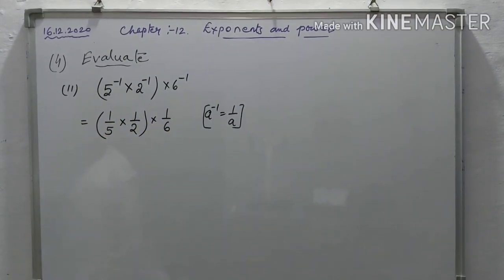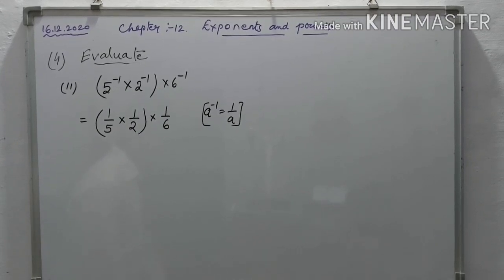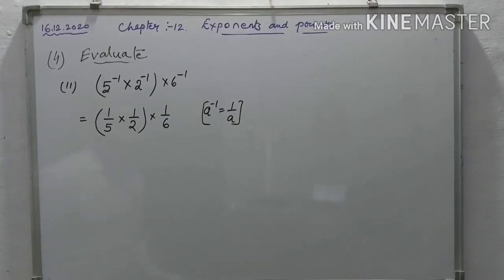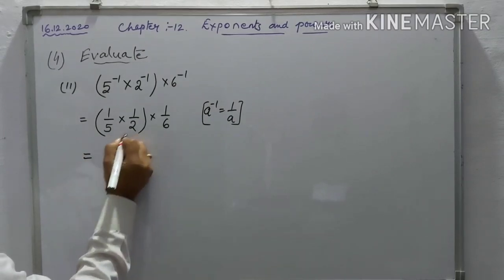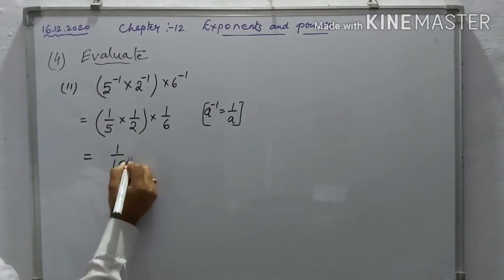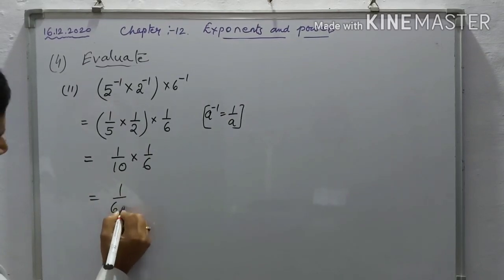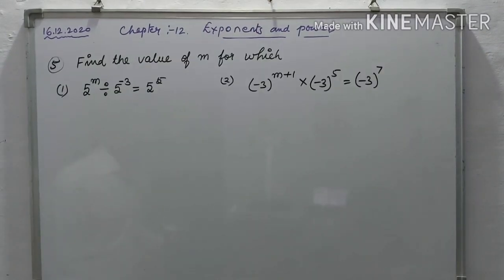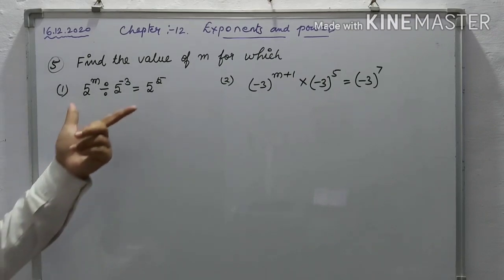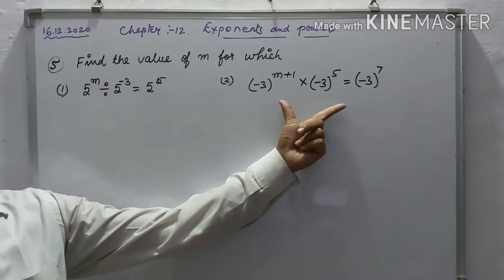Now next, after multiplication you write 1 upon 10 into 1 upon 6, the value is 1 upon 60. So this is question number 5 in your exercise; one is the example question.